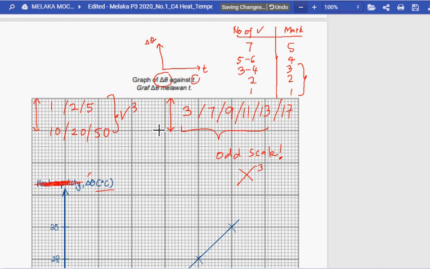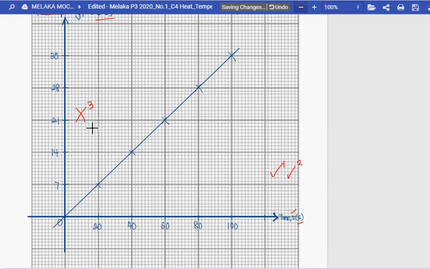So let's say one square here is equal to 3 degrees Celsius. If it is like that, how do you read 0.3? It is quite hard for you to get the reading. So we don't give tick 3 for that. And then tick 4 will be for the points transferred correctly.